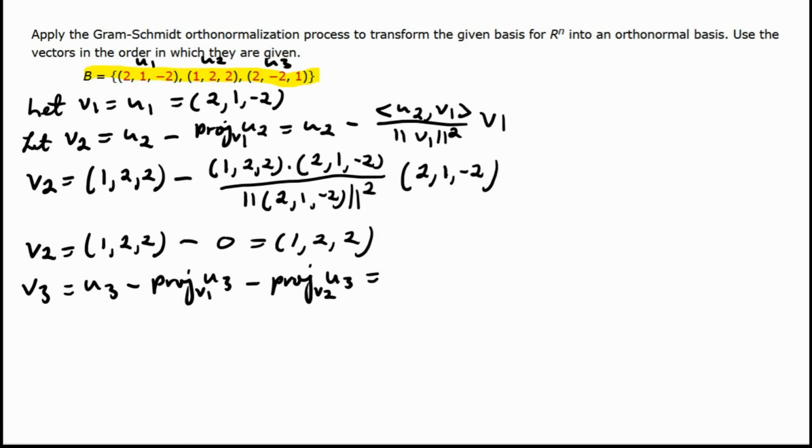So u sub 3, that's given to be 2, negative 2, 1, and then that's minus the dot product of u sub 3 with v sub 1, and v sub 1 is 2, 1, negative 2, all over the, let me write this down here, I forgot that's pretty long.